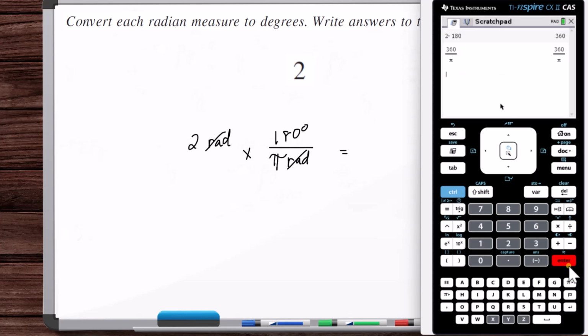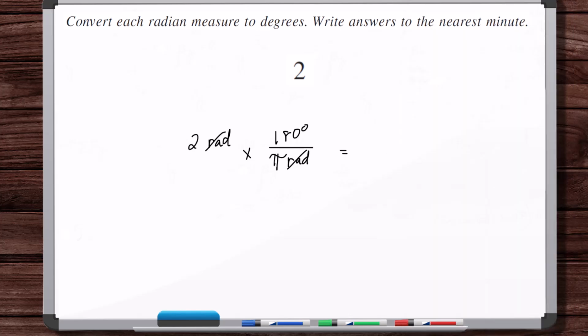It's going to give us an exact answer there. 114.592 degrees. Okay, so this is 114 degrees and then some amount of minutes.